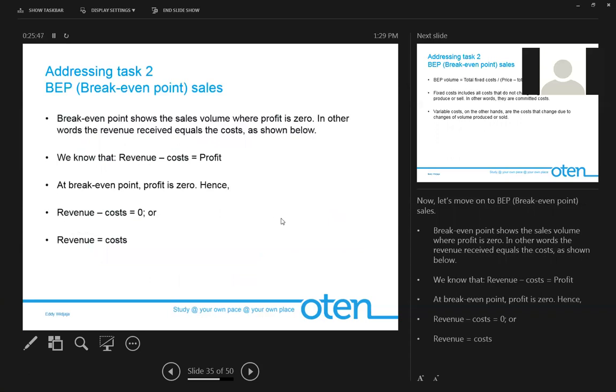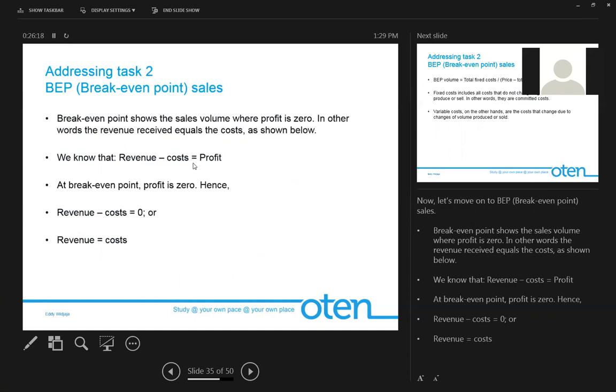Okay, the last thing in terms of financial viability is the break-even point sales analysis. This shows the volume where profit is zero. In other words, the revenue that we received is equal to the costs as shown below. We know that in general, revenue minus costs equals profit, or loss if the cost is larger than the revenue.